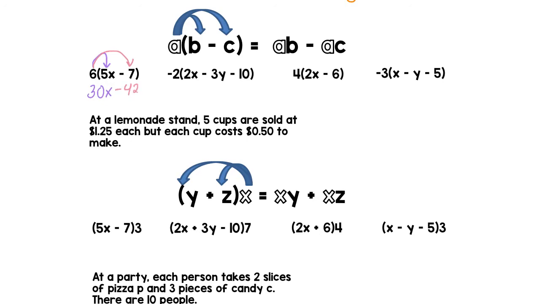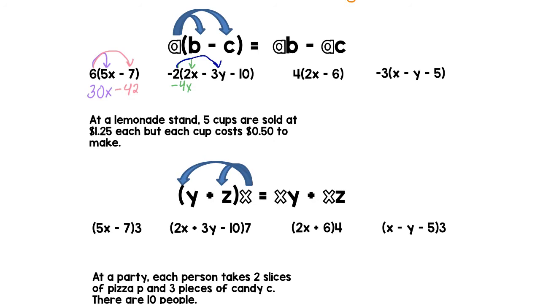It's really important to remember that the sign in front of the number sticks with that number forever. So this is not 5x minus 7. This is 5x and -7. Okay? Let's keep it going here. -2 times 2x is -4x. -2 times -3y.